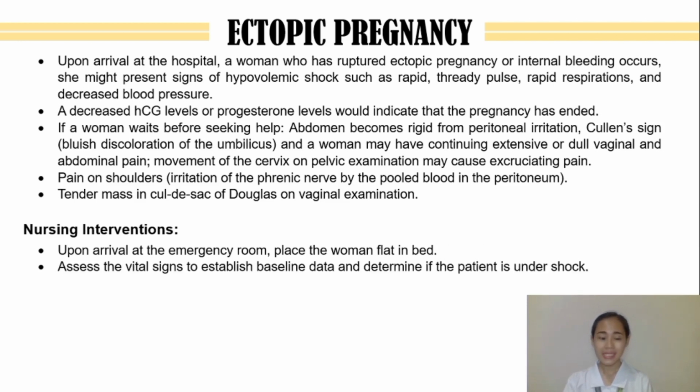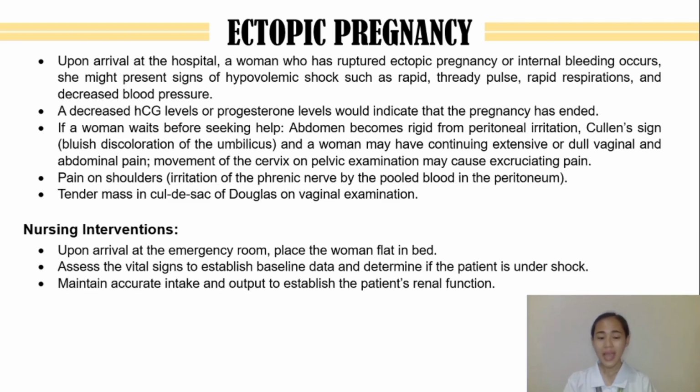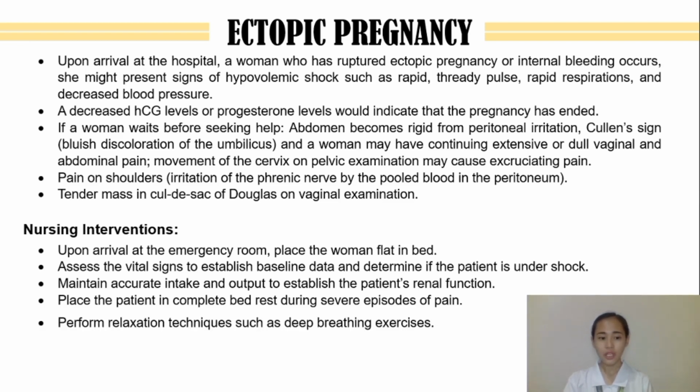The nurse must assess the vital signs to establish baseline data and determine if the patient is under shock. Maintain accurate intake and output to establish the patient's renal function. Place the patient on complete bed rest during severe episodes of pain. The nurse must perform relaxation techniques such as deep breathing exercises.